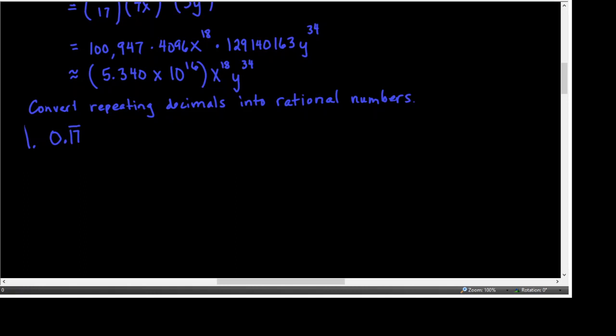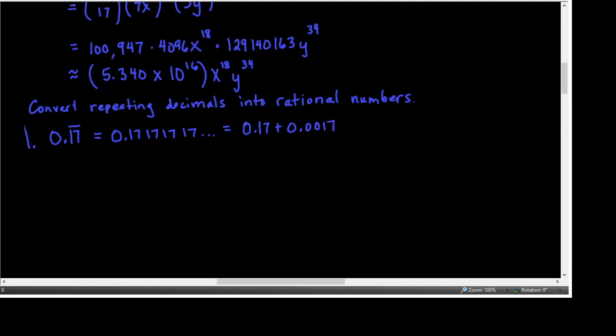0.1717171717. Okay. So if I expand that out, so take the repeating part off and write several iterations of that. And of course it continues in that pattern forever. That can be thought of as 0.17 plus 0.0017.